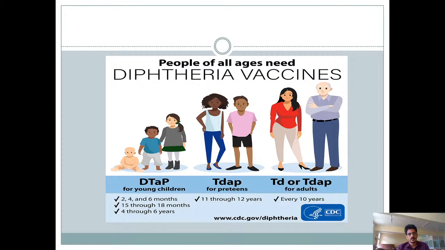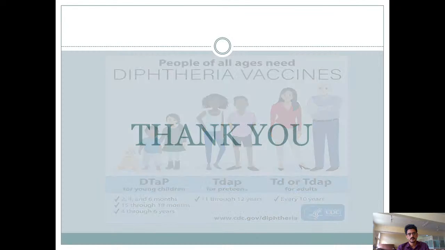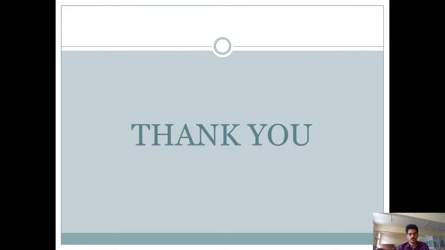So Tdap for preteens 11 through 12 years, and Td or Tdap for adults, a single dose of Tdap in adults, and booster doses with TT every 10 years. So thank you. And I think tetanus has not been covered.